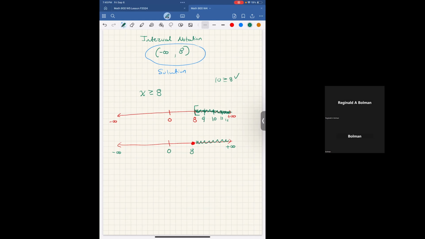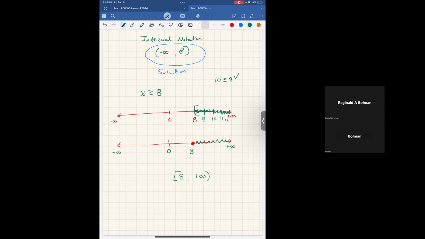If we wanted to represent x is greater than or equal to something using interval notation, we're going to give ourselves a bracket, and we're going to think that we are starting at this number 8. And as we ascend up the number line, we're ascending towards positive infinity.